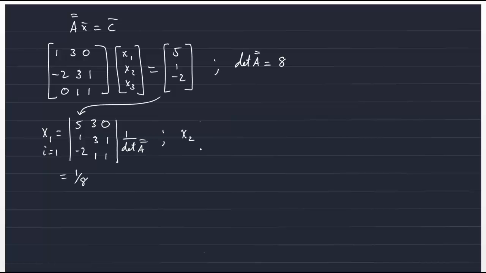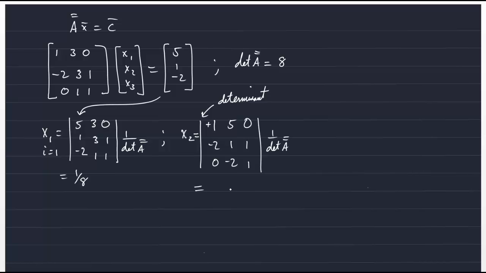X sub 2 is again the determinant of A, but this time with the second column replaced by C. So the first column is unchanged. It's the second column that's replaced by C, and the third column is unchanged. And again, the vertical bars represent the determinant, and then we have to divide by the determinant of A, and this is equal to 13/8.